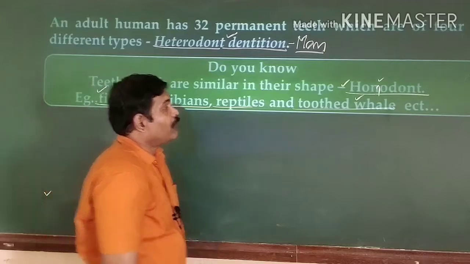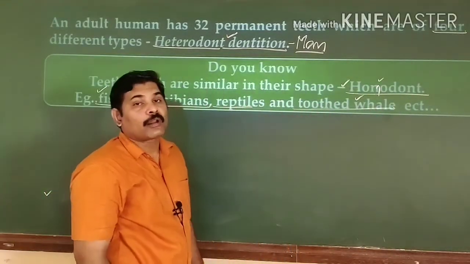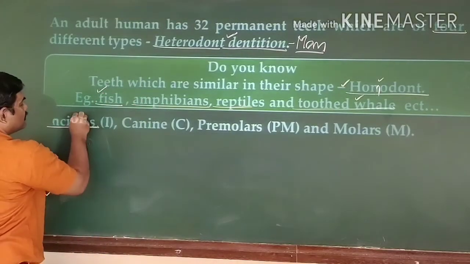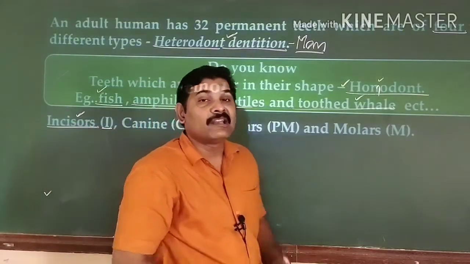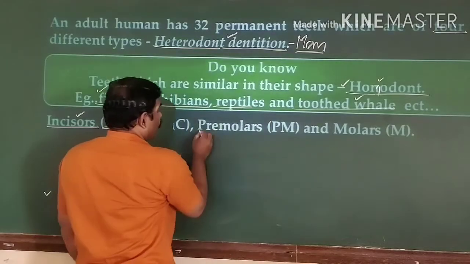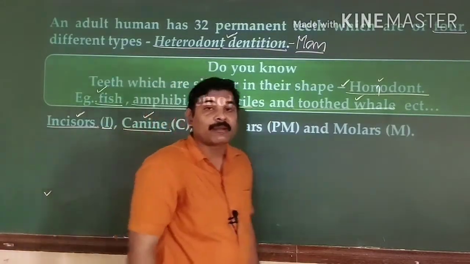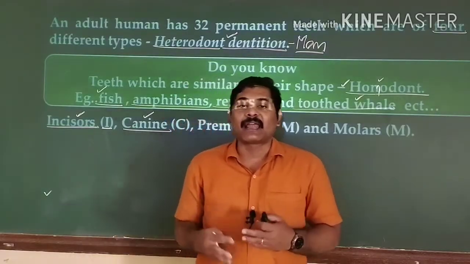Right, coming to the 4 different types of teeth present in our mouth, the oral or buccal cavity. As I said already, incisors are one type, which are chisel in their shape and help for cutting the food material. The second one is known as canines. These canines are highly developed in carnivorous animals, flesh-eating animals like dog, cat, tiger, lion.